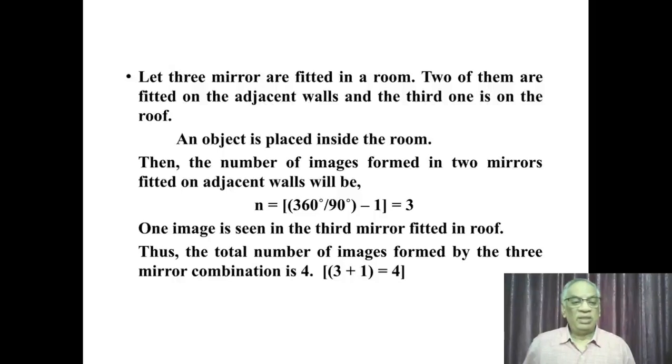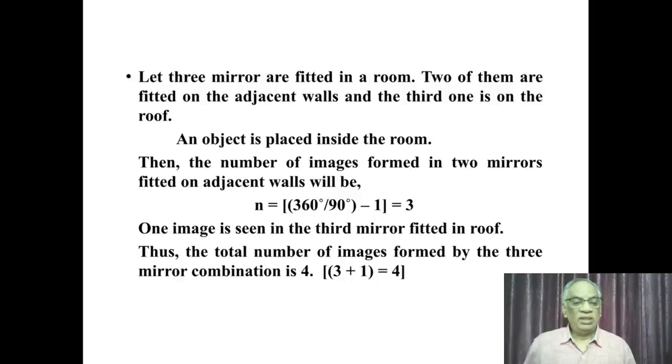Then the number of images formed in the two mirrors fitted on adjacent walls, that is angle of inclination is 90 degrees. So n is equal to 360 degrees by 90 degrees minus 1, because 360 degrees by 90 degrees happens to be an even number, 4. So 4 minus 1 is 3. So the images seen in the adjacent mirrors is 3.